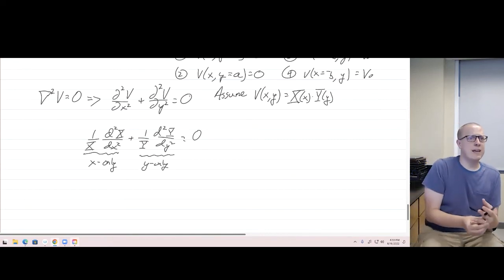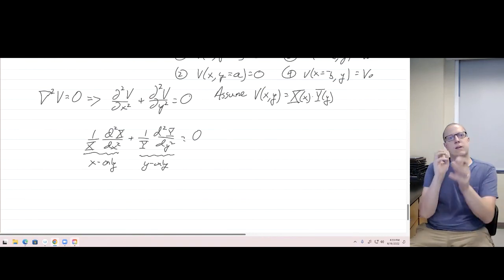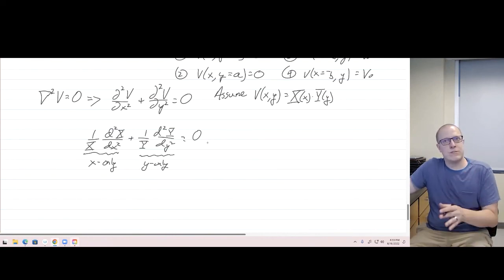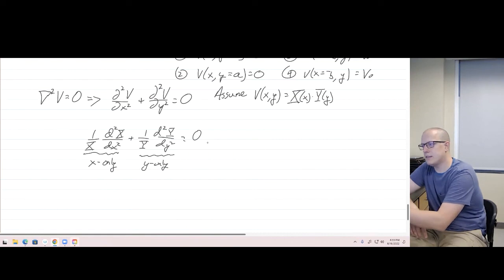And by doing that, if I have a whole bunch of stuff that only depends on x and a whole bunch of stuff that only depends on y, the only way that I can add these up and make sure that they're 0 all the time, no matter what value of x or y I pick, is if these are both constants.